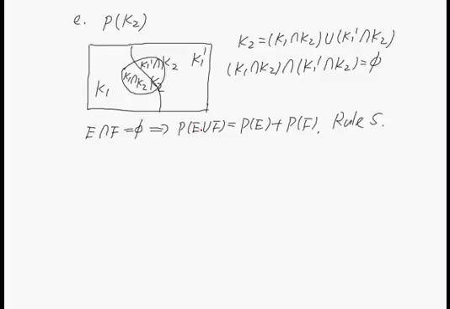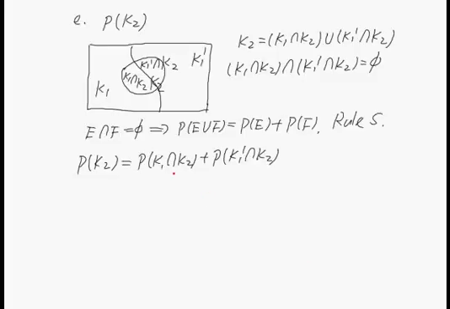Now, applying rule 5 onto K2, we have P of K2 equal to P of K1 intersection K2 plus P of K1 prime intersection K2.